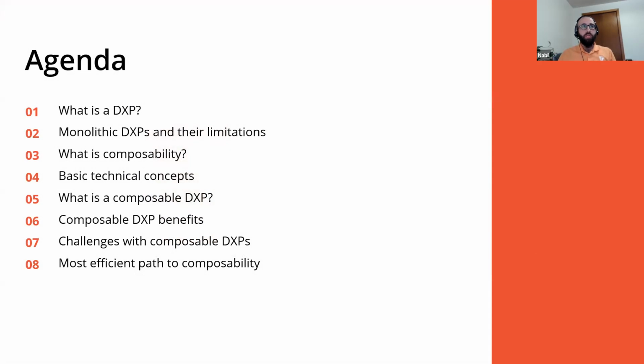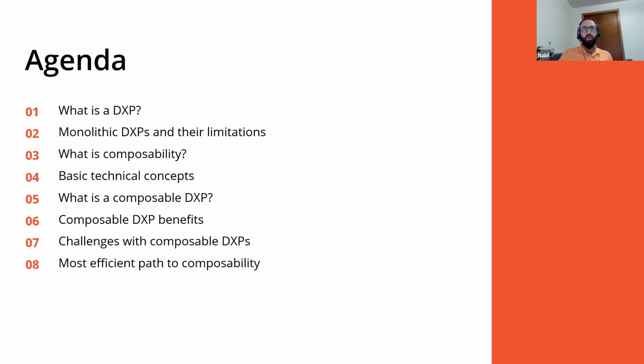So our agenda for today is 8 items. First, we're going to talk about what is a DXP very quickly. I know everybody here knows what a DXP is. And then we're going to touch on what is a monolithic DXP and their limitations. What is composability as a concept in general? Basic technical concepts.